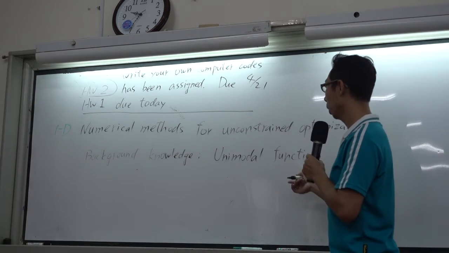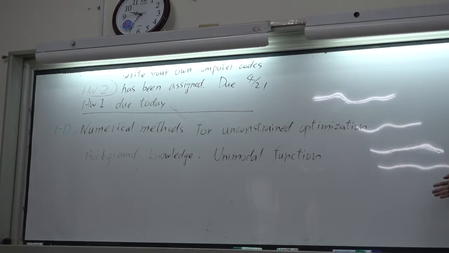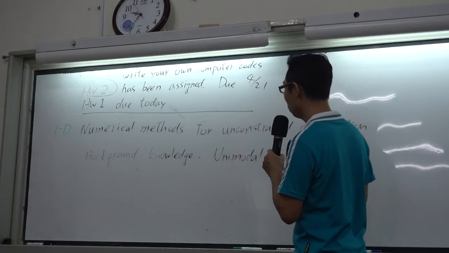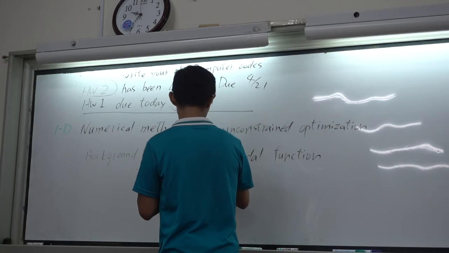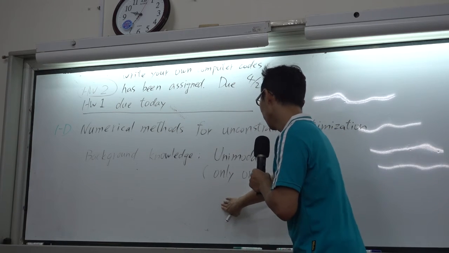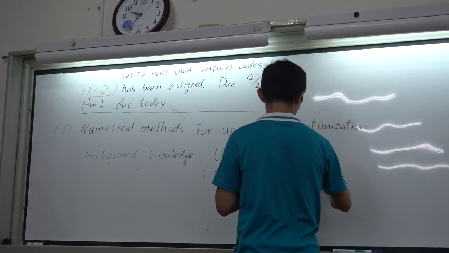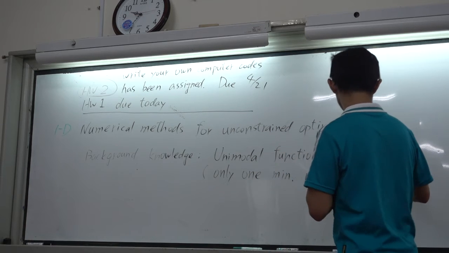That is, there's only one minimum or one maximum inside of the range in which you are trying to minimize or maximize the function. Let's just use minimization as an example: only one minimum point in the range of your search.